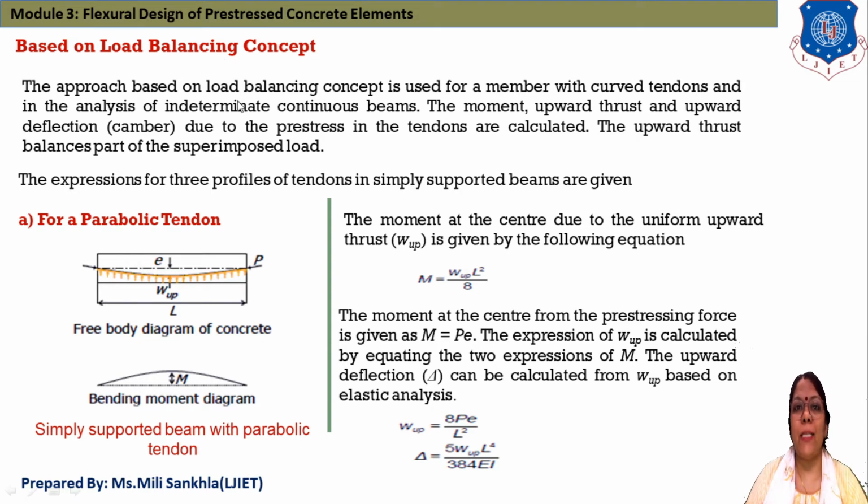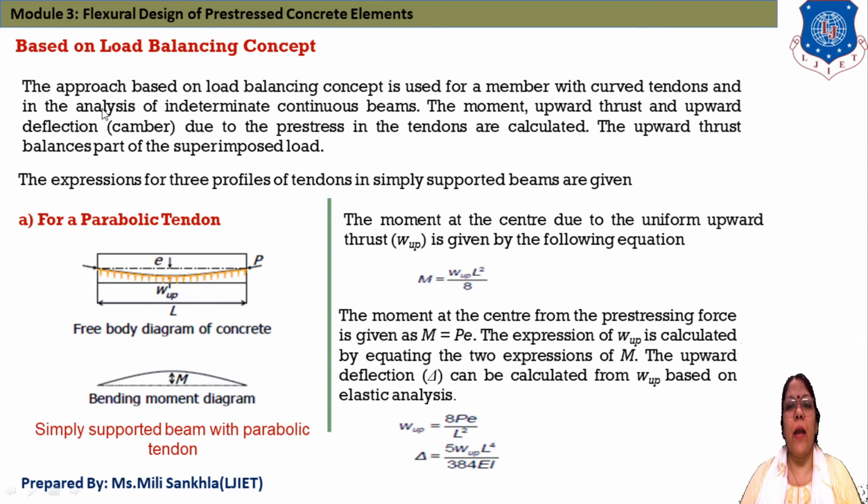Now, the approach based on the load balancing concept is used for members with curved tendons and in analysis of indeterminate continuous beams. This load balancing concept is used for curved tendons, and second, for indeterminate continuous beams.